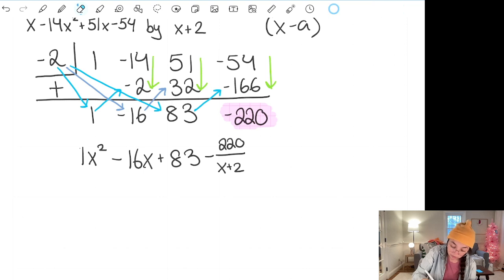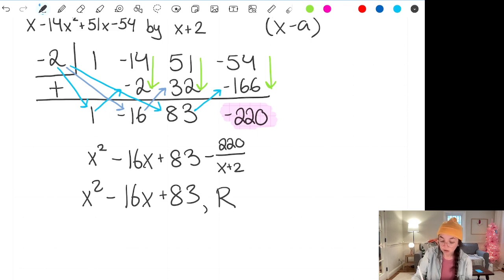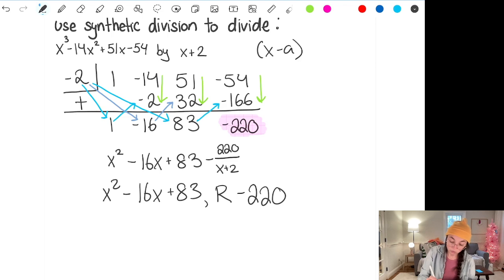It's assumed there's a 1 there. It's not wrong if you still add a 1, but you don't have to. So let's rewrite it: x squared minus 16x plus 83. And then you can do a comma, r for remainder, negative 220. Okay, so that is done. Either one of these is the answer.